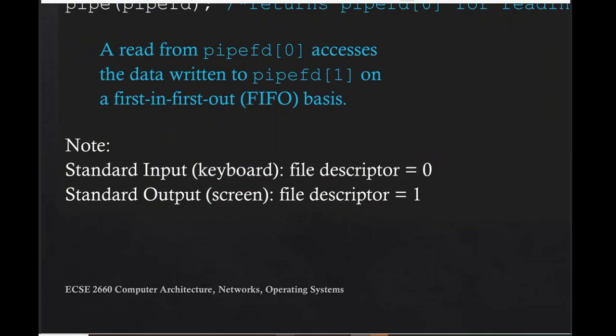So a process can read information from the keyboard using 0 as the file descriptor. And for standard output, which is say a monitor or a screen, the file descriptor is 1. So if you want to show something on a monitor, use the file descriptor 1 and that will pop a message on the screen. So that's for standard input and standard output.